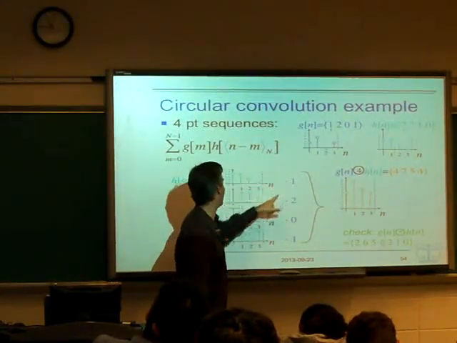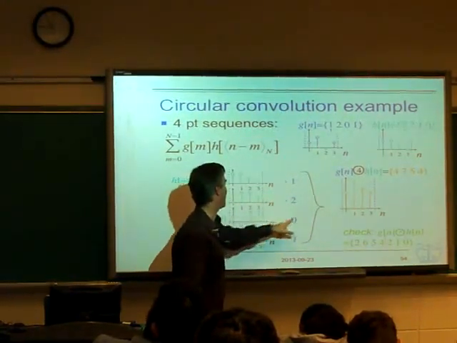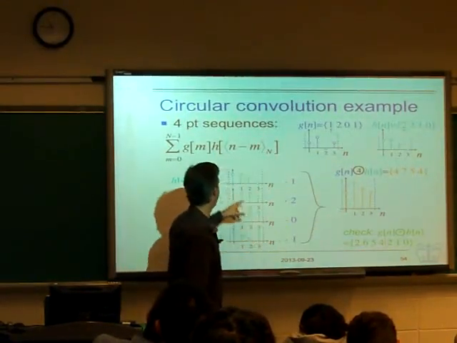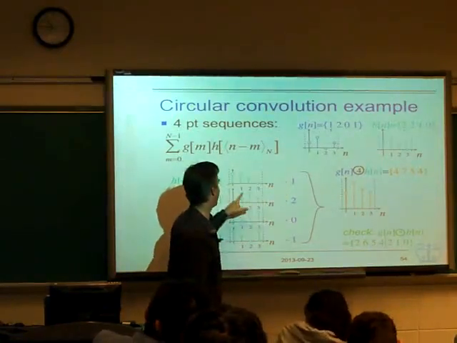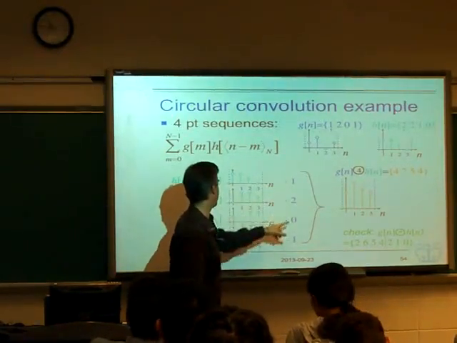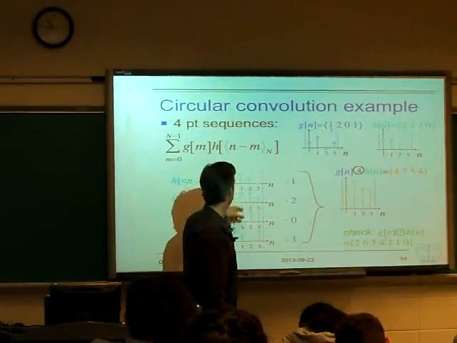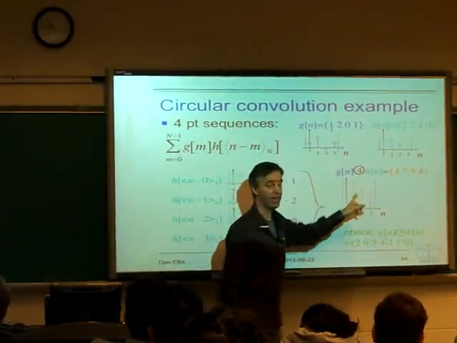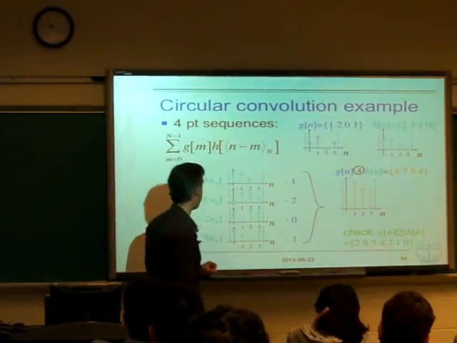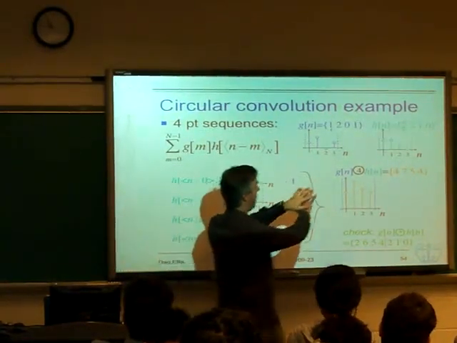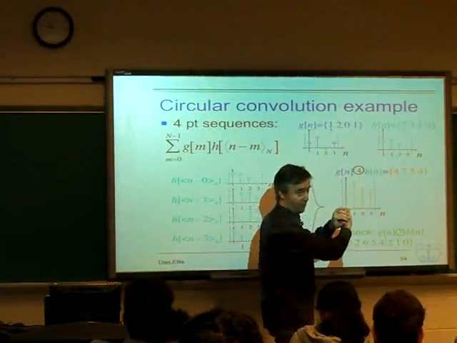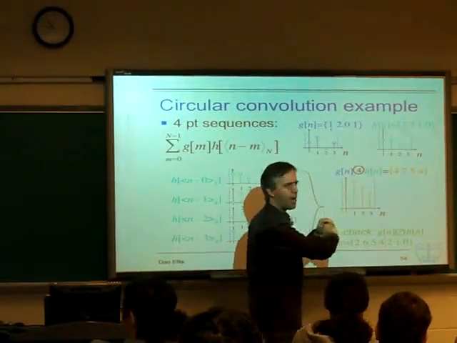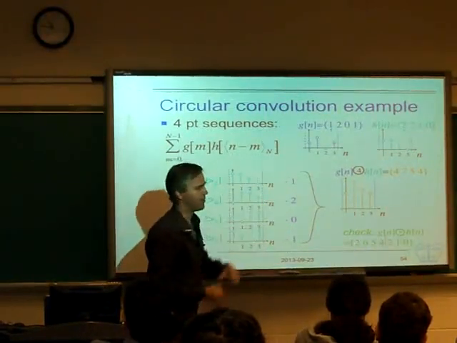So it's 2 times 1 plus 0 times 2 plus 1 times 0 plus 2 times 1, which is 2 plus 2, which is 4. Then it's 2 times 1 plus 2 times 2 plus 0 times 1 plus 1, which is 7, 5, 4. So we get this convolution out here. And if we calculate the 7-point full convolution of these two, which I think we did before, then when we fold it down, we get this same sequence out.